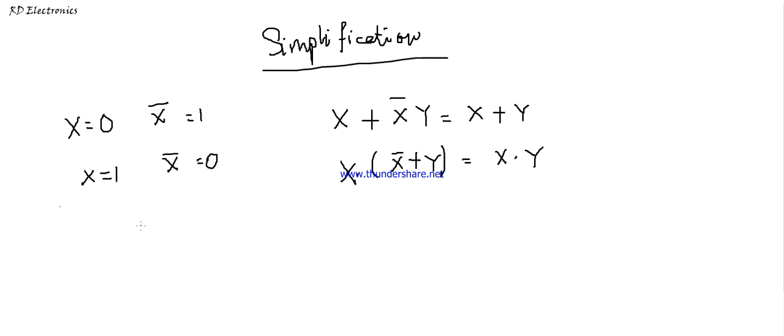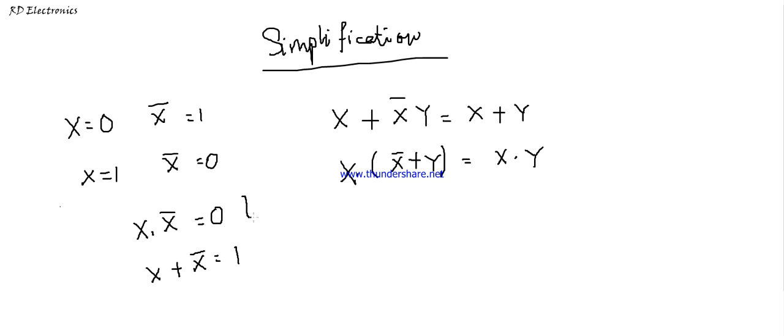Okay, and in Boolean algebra, if we perform an AND operation between the variable and its complement, then the output is always equal to 0. And if we perform an OR operation between the variable and its complement, then the output is always equal to 1.